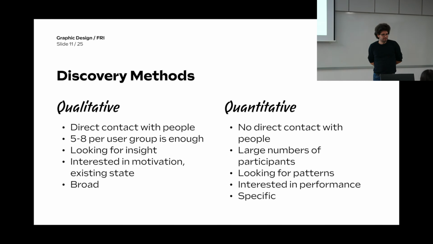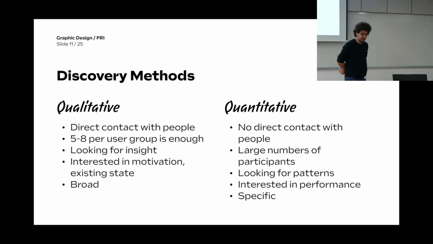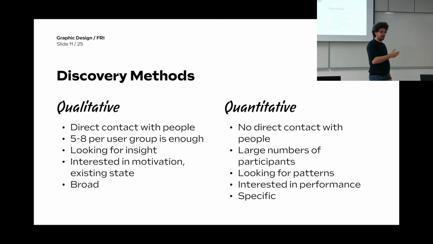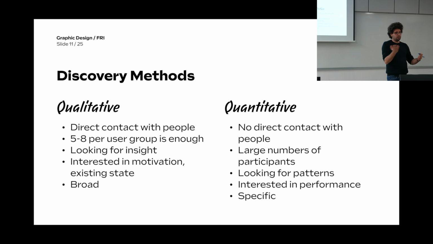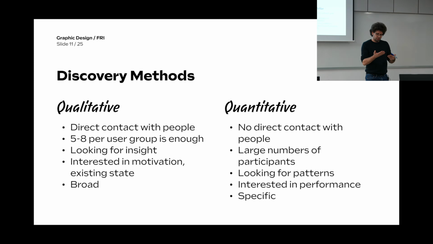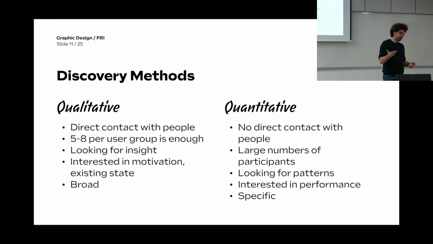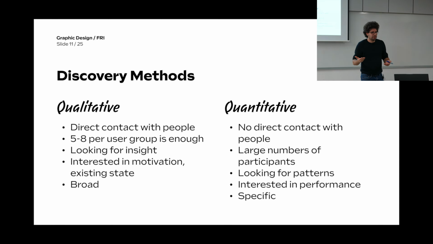But maybe we're not asking the right people. If you have a club and you have club members, and you ask club members what they love about this club, they will tell you all about it. And then you're trying to figure out, I'm doing all the right things, right? But actually, I'm not asking the people who decided not to join why they aren't joining, right?